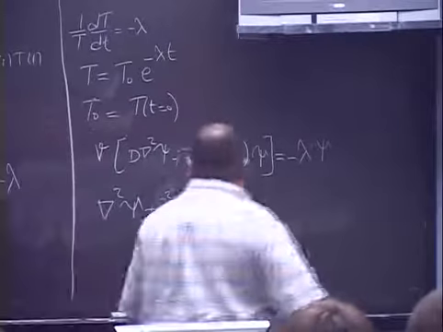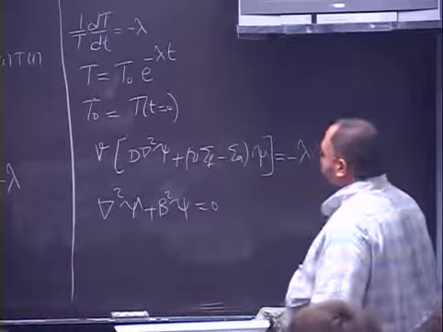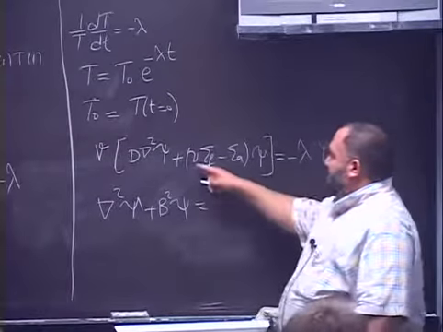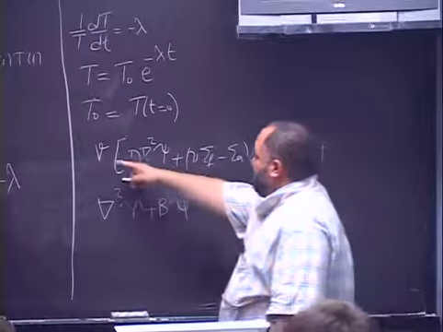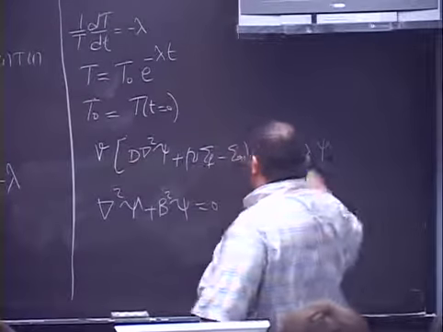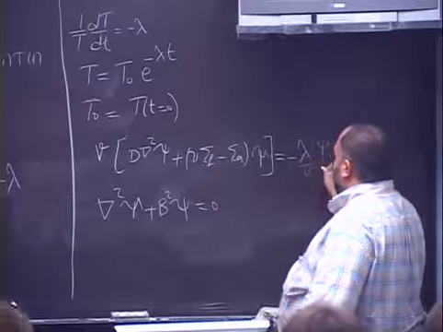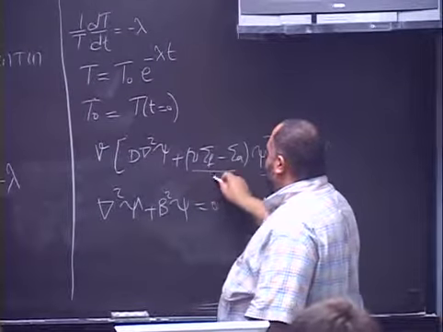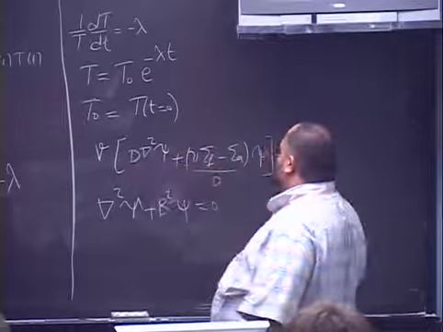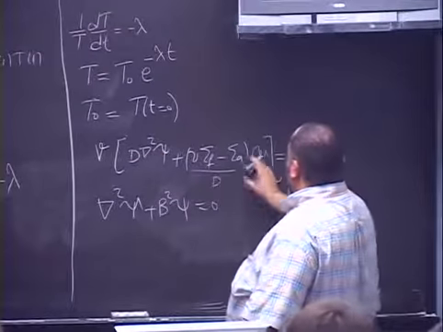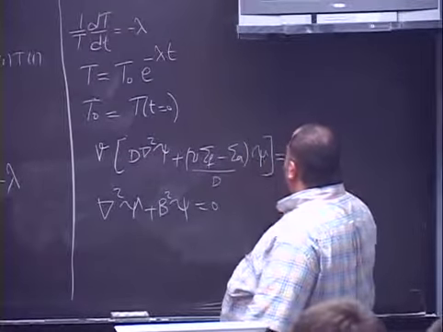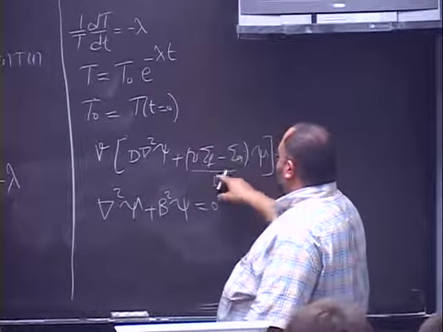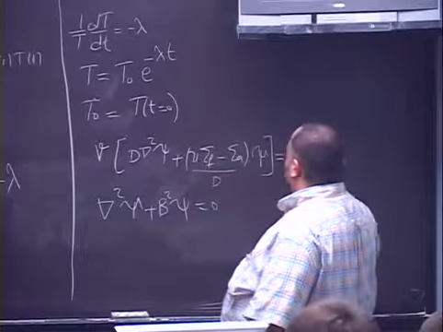Somebody will ask why. If you divide by v, you get lambda over v, and then divide by D, and take psi as a common factor, you will get nu sigma fission minus sigma absorption over D plus lambda over v.